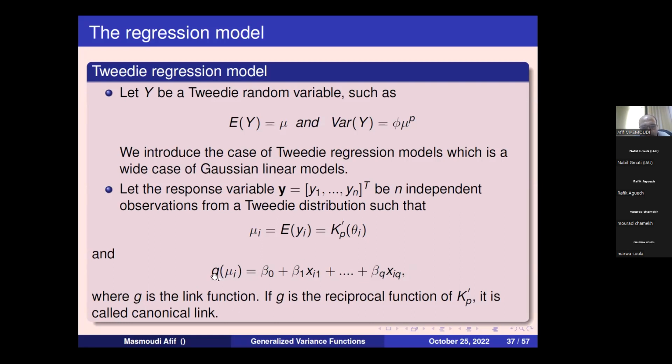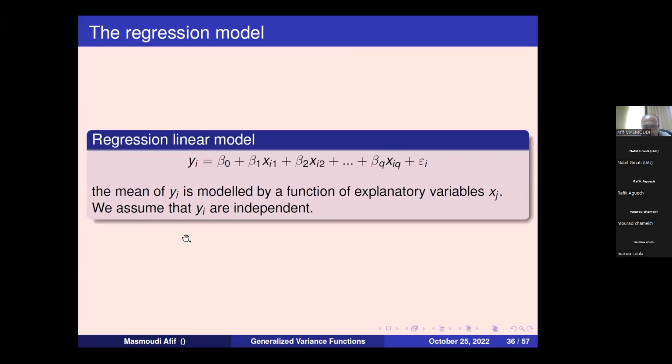Of course, when J equals the identity, we obtain the Gaussian linear regression case here.